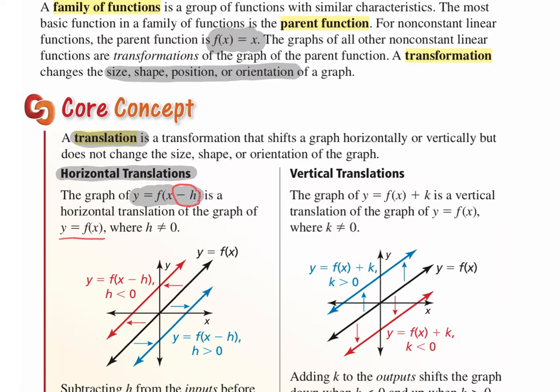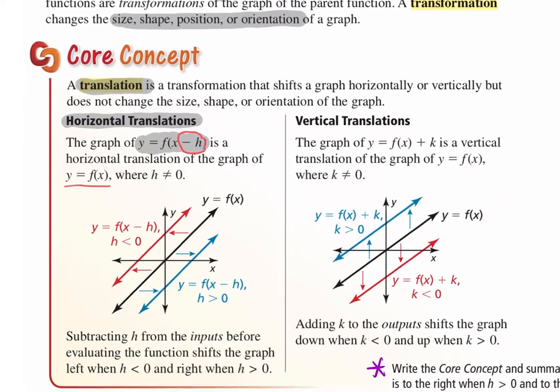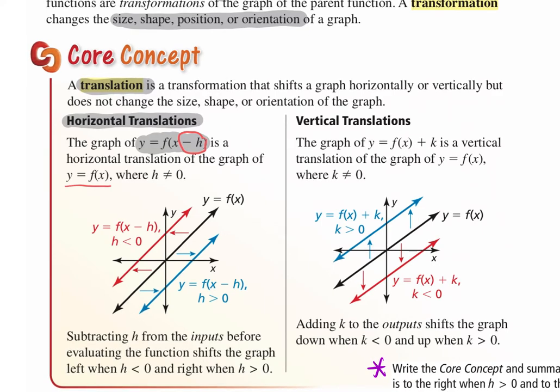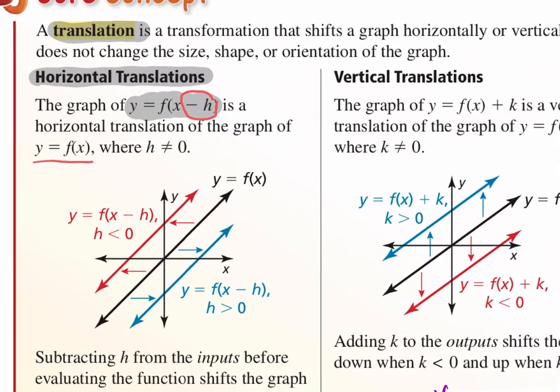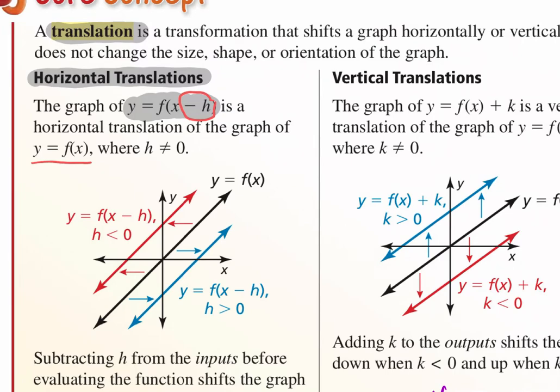Do you see how the black graph on your page in the horizontal translations looks exactly like the blue and the red one? It's just moved over a little bit to the left and a little bit to the right. That's what a translation is. When you move it to the left, in red, write that this is a left shift.